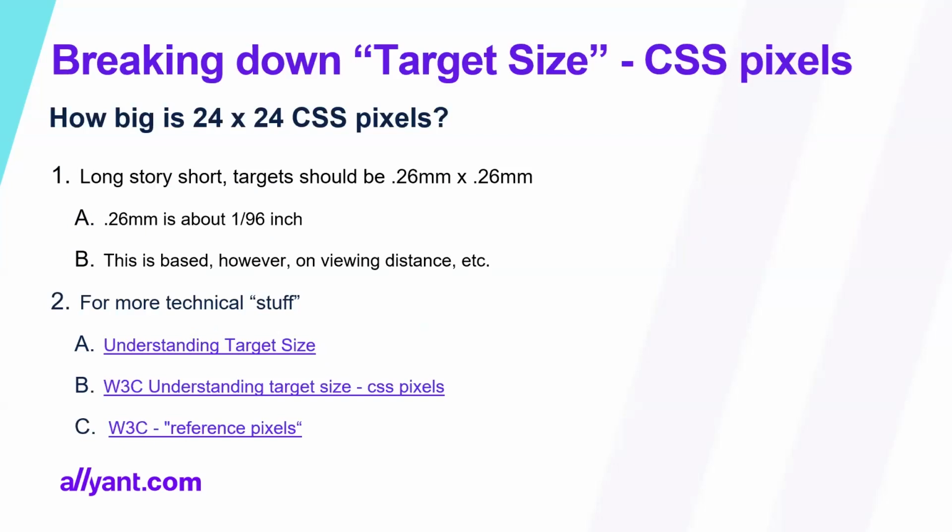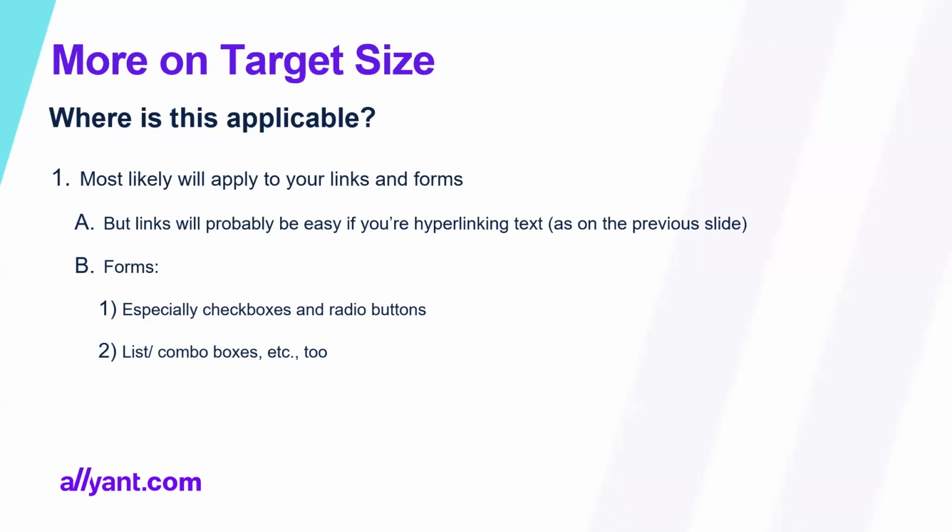Or "W3C understanding target size dash CSS pixels," right? That's pretty big, right? That's pretty long. So, decent sized target there. So in your documents with links, you're probably not going to have too hard a time meeting the target size requirement.